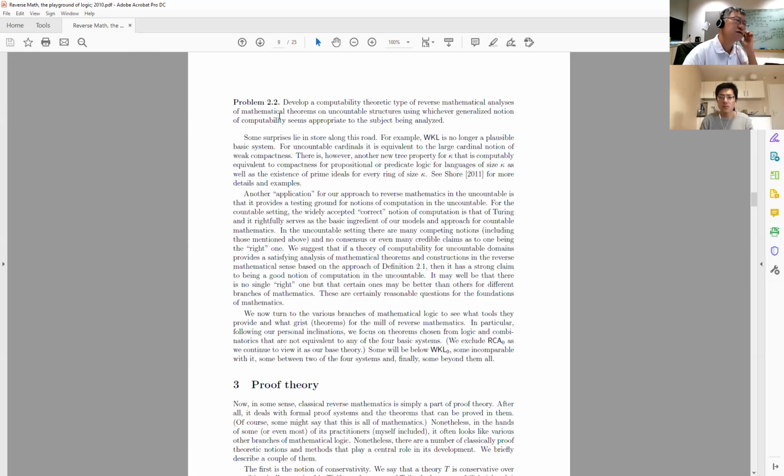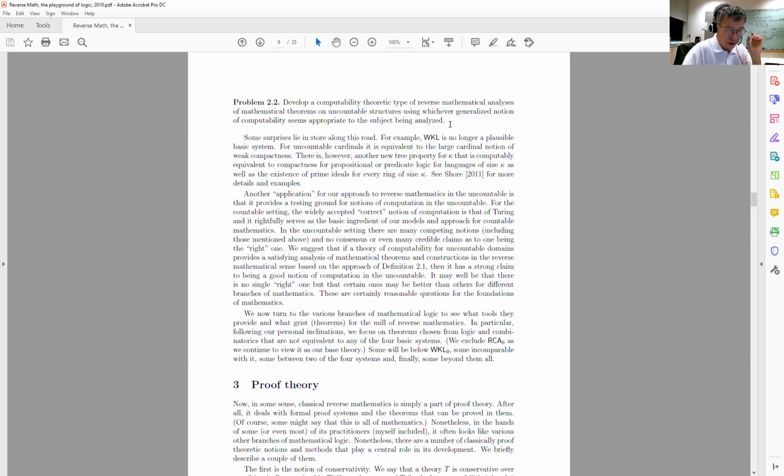So on this page, problem 2.2 says: develop a computability theoretic type of reverse mathematical analysis of mathematical theorems on uncountable structures, using whichever generalized notions of computability seem appropriate to the subject being analyzed.